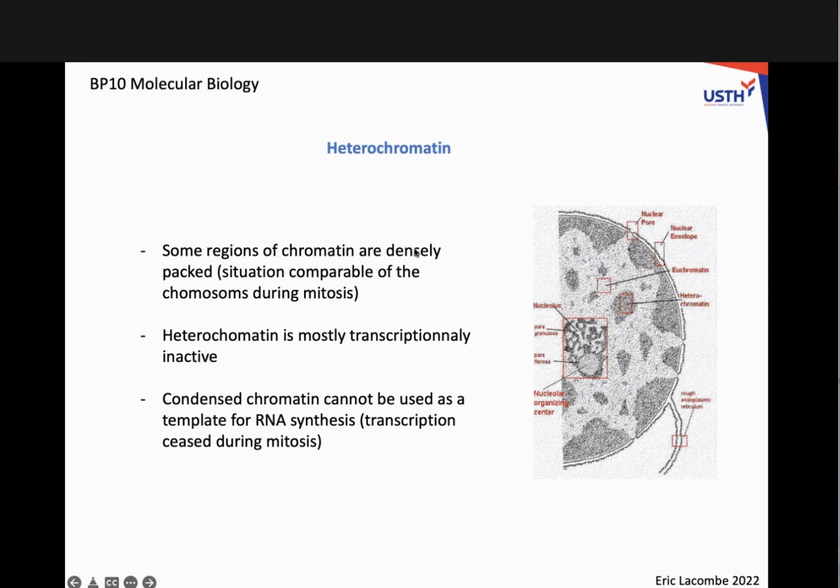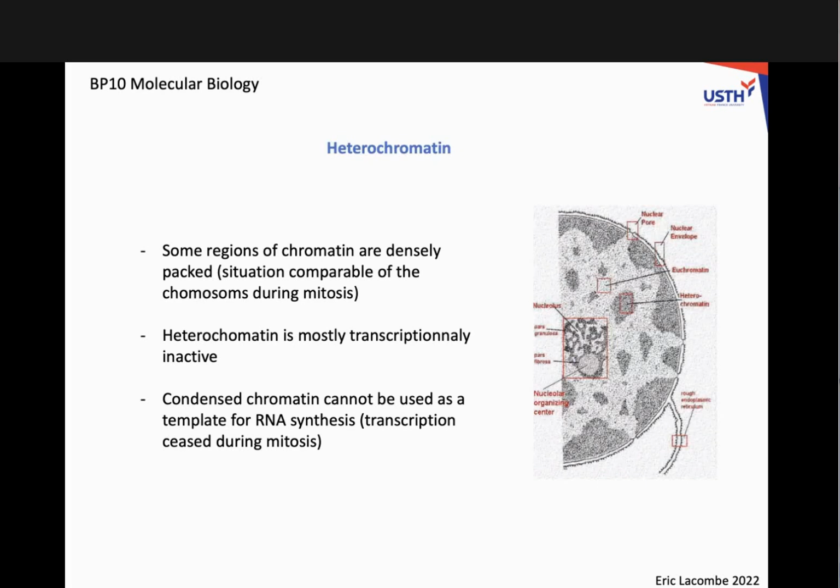The heterochromatin state can be compared to the structure of the chromosome during mitosis. You know, during mitosis, you've got the two arms of the chromosome that are extremely packed, and then they're going to be separated into the two daughter cells.